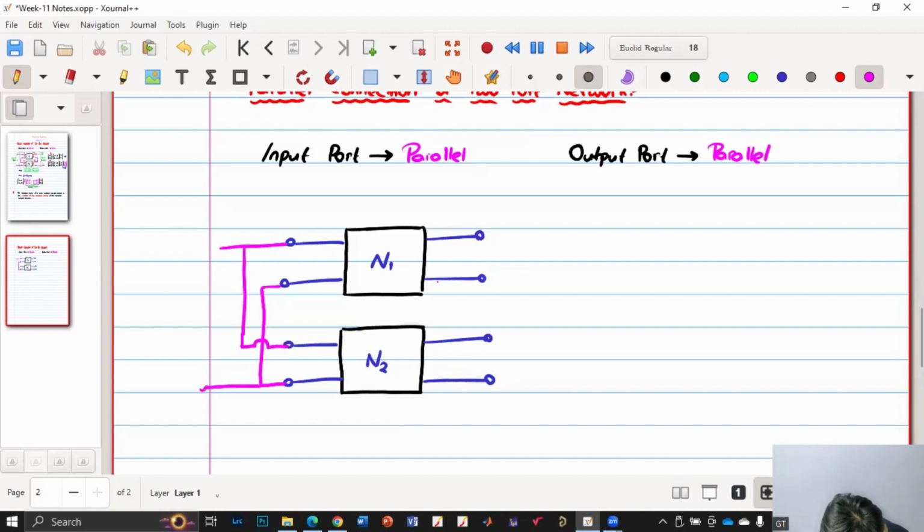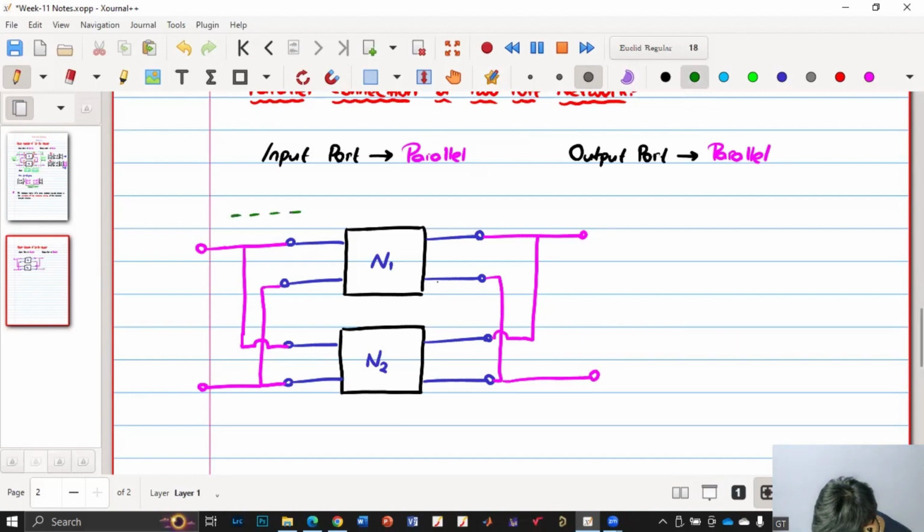So these are the new two ports. Similarly, these are connected like this, and these are the new two ports of this network.